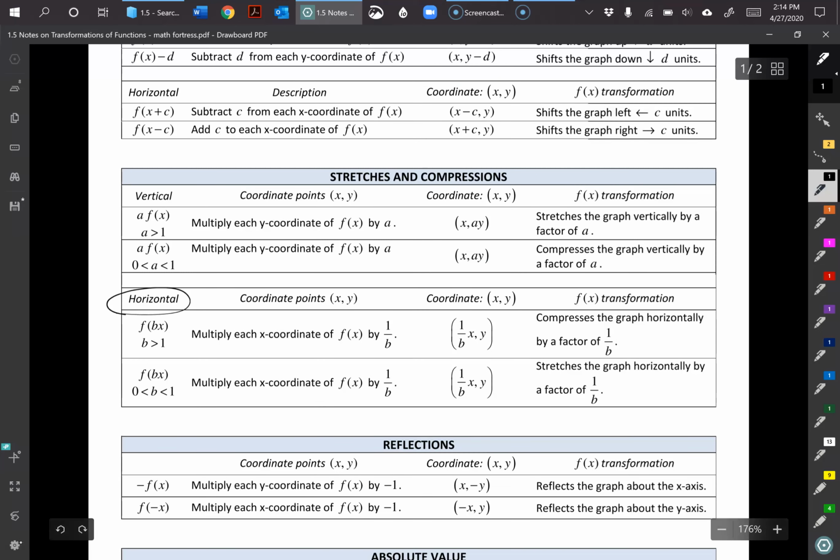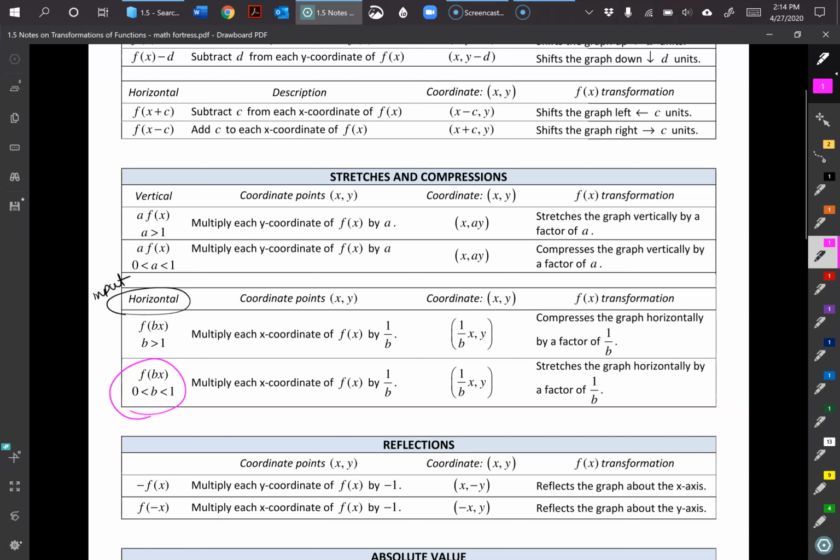Okay, so that's our input. Then we also want to check out what's happening. So if we have a situation like ours, let me get a brighter color here. Okay, we have b times x. So ours is a fraction, right?